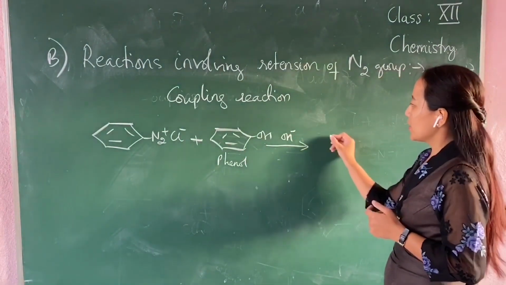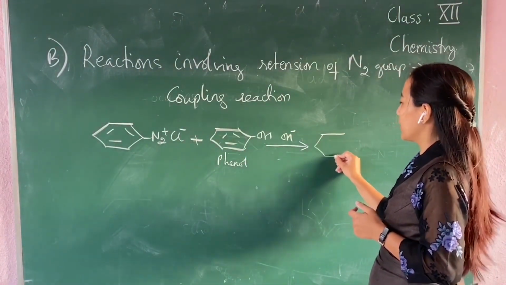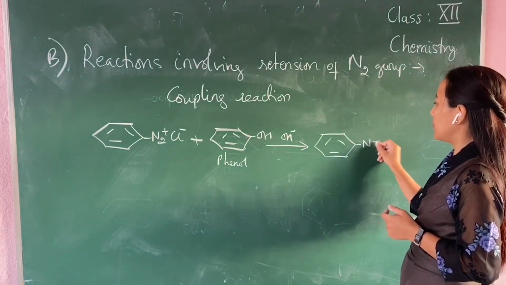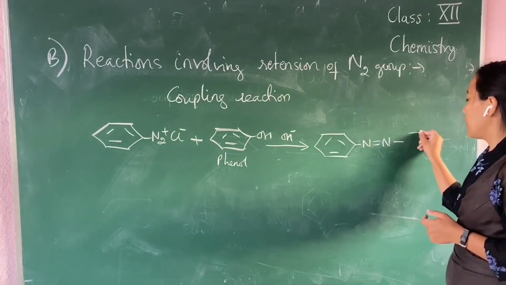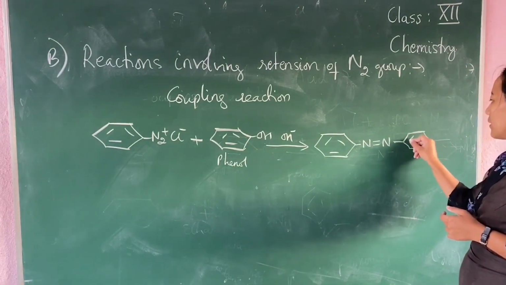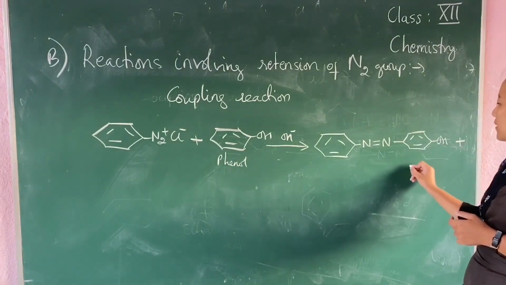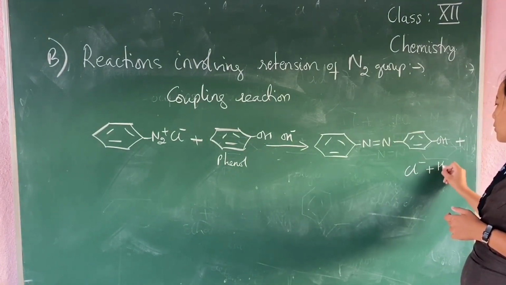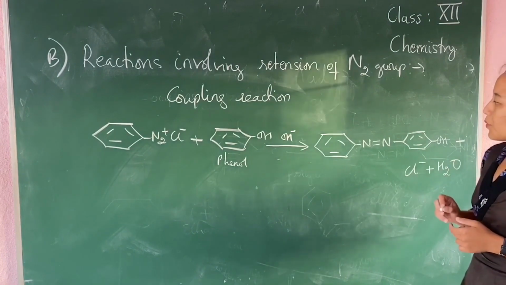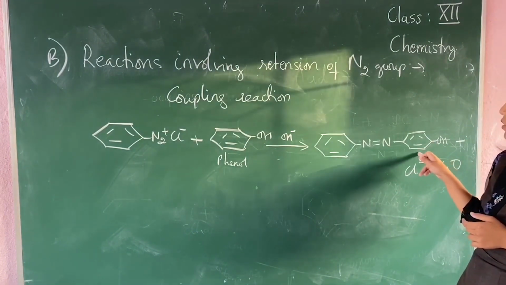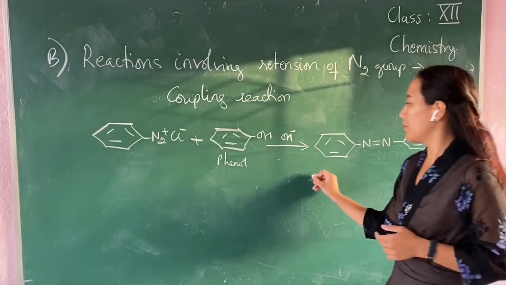So in this case, the product formed will be N double bond N, benzene ring, and this OH, plus Cl minus plus H2O is produced as the byproduct. Now if you name this compound, this is para-hydroxyazobenzene.